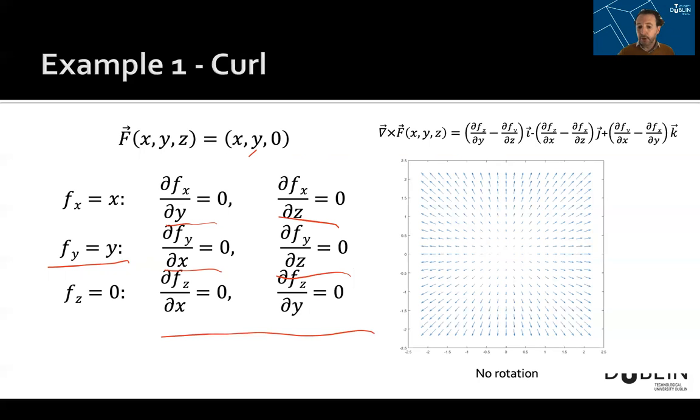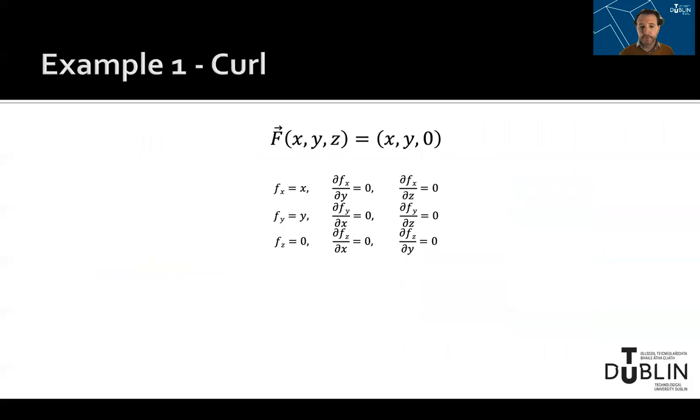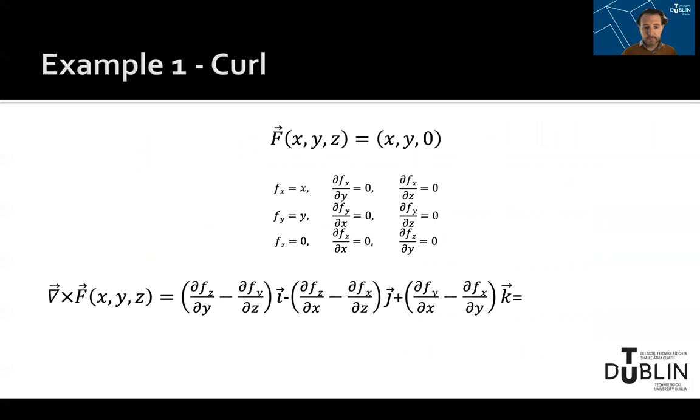So now we bring it all together. Okay, here we are, our derivatives that we just calculated. That's our general formula. And we just place each of these into the answer. So fz dy goes in, so that is 0.